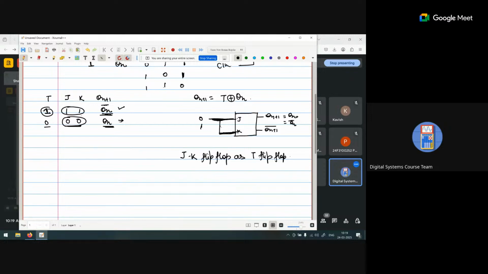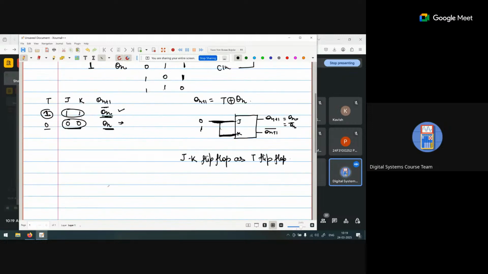Any doubt? Yes, what is your doubt actually? Sir, if I have to make a JK flip-flop by T flip-flop, we use the excitation table for that. Okay, we have to derive the excitation table, so let me draw it.